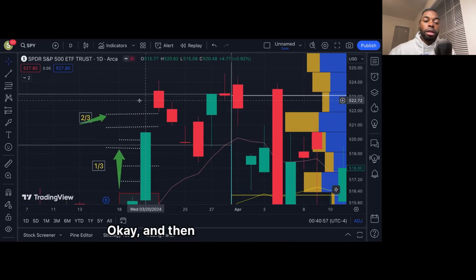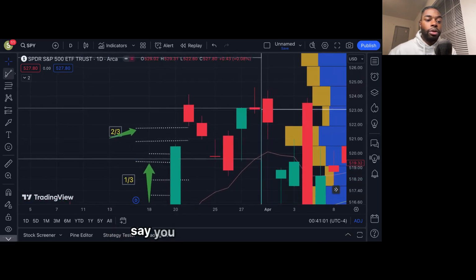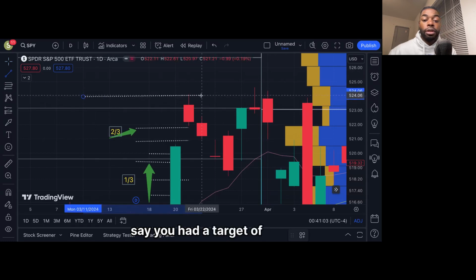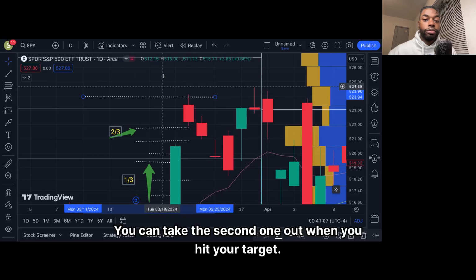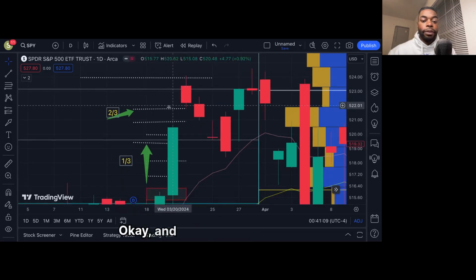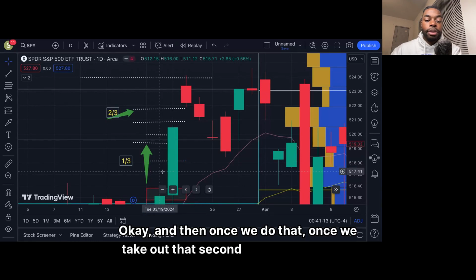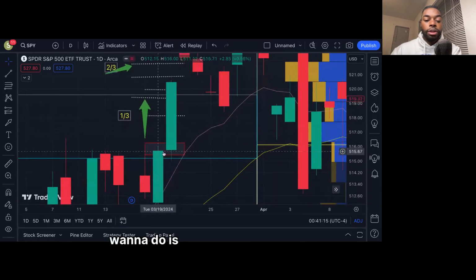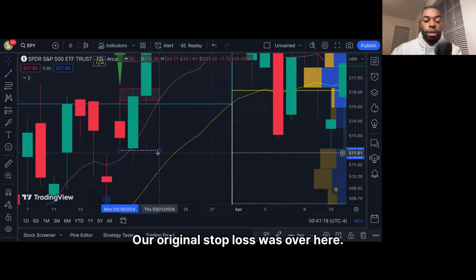The second one can come out either there, or it can come out if, let's say, you had a target all the way up here. You could take the second one out when you hit your target. Once we take out that second contract, you want to move your stop loss. Our original stop loss was over here.